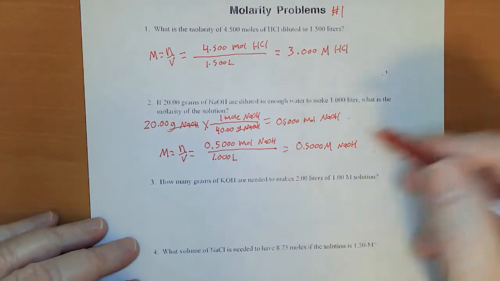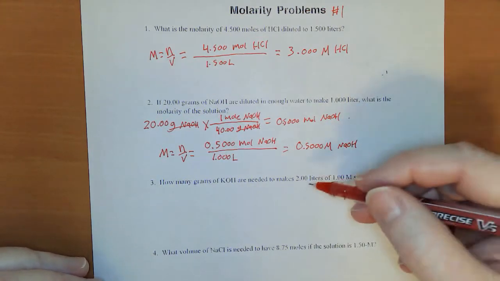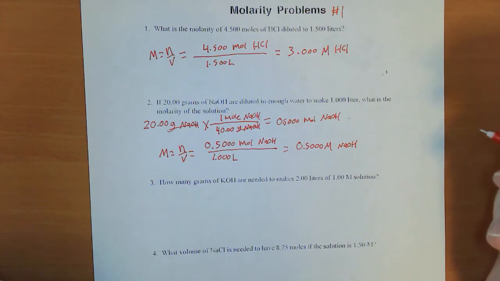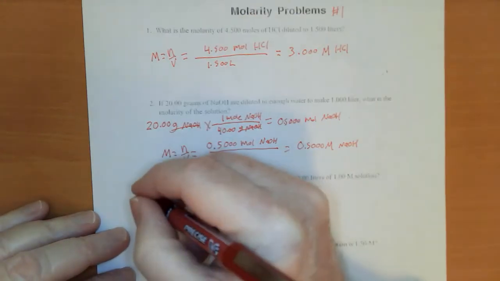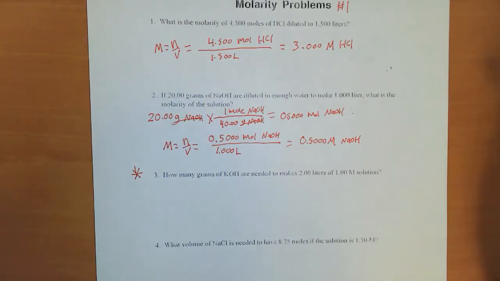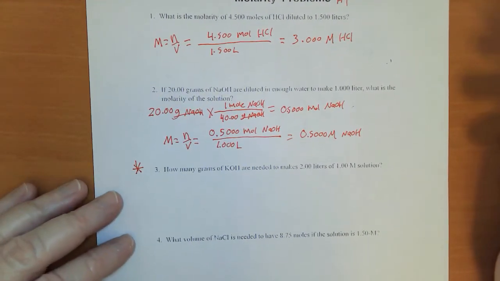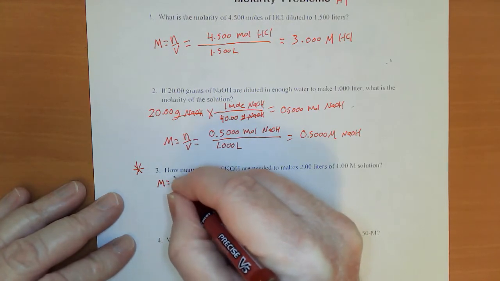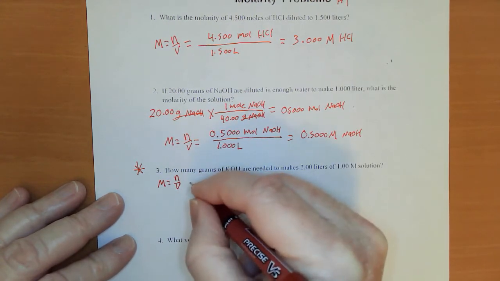Next one, how many grams of KOH are needed to make 2.00 liters of 1.00 molar solution? This is the most important question, really, of the batch, because this is the type of thing you actually have to do in a laboratory situation. So we know that molarity equals moles over volume.